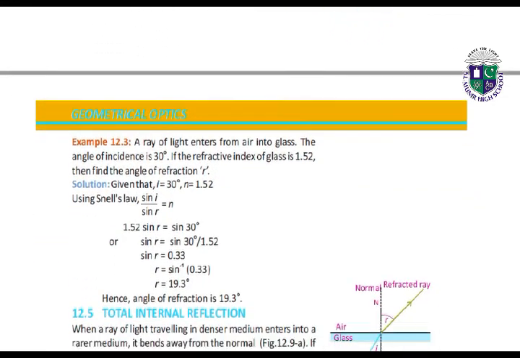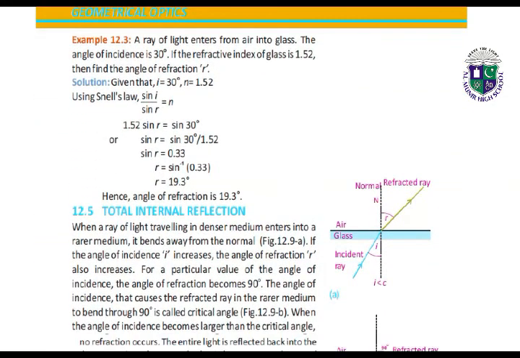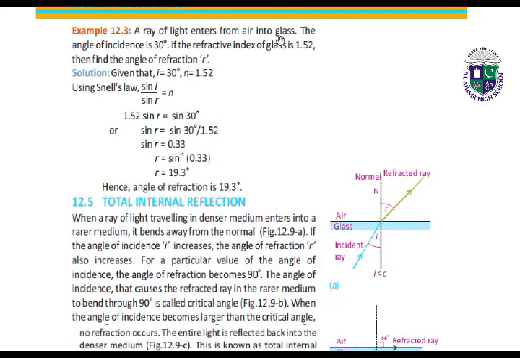Here we have an example. A ray of light enters from air into glass. The angle of incidence is 30 degrees. If the refractive index of glass is 1.52, find the angle of refraction. So i is equal to 30 degrees, n is equal to 1.52. Here we have to find the value of sin r.